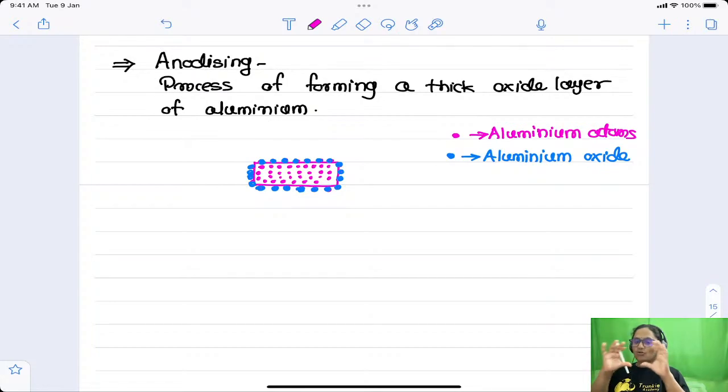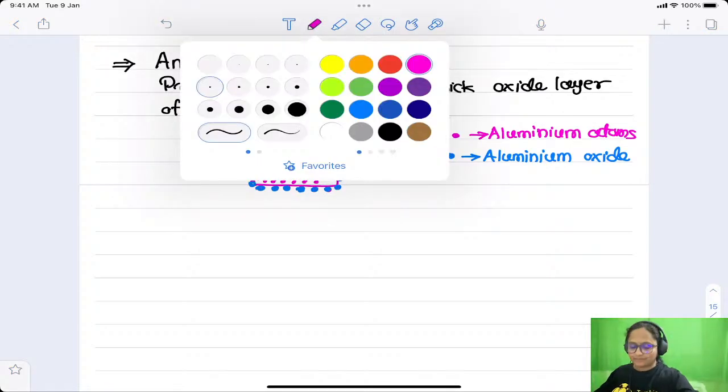Because of the coating of aluminum oxide on them, they will not get corroded, they will not undergo oxidation. Therefore further corrosion will be prevented and the vessel will remain intact for a longer time. This process is called anodizing.